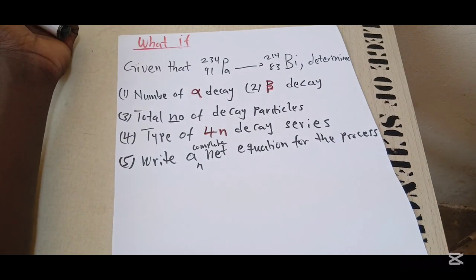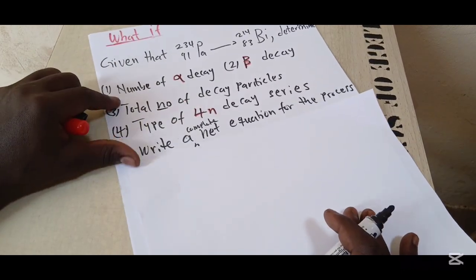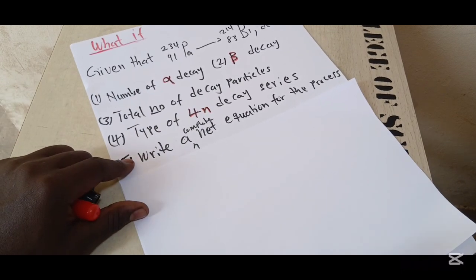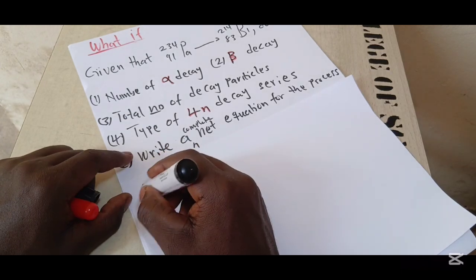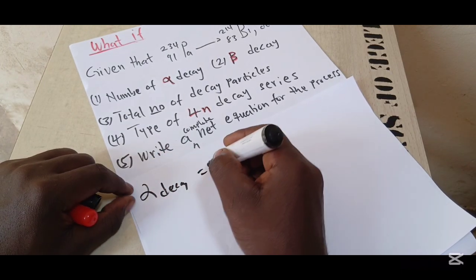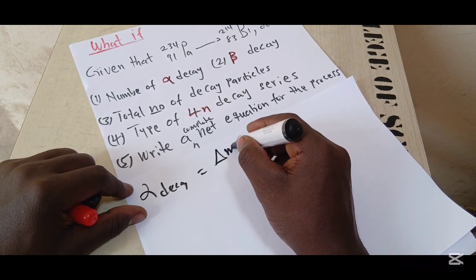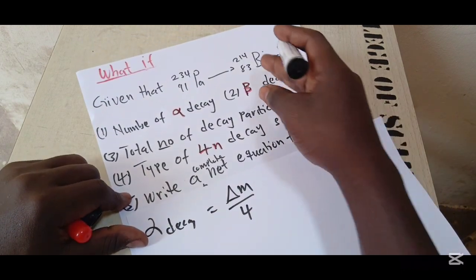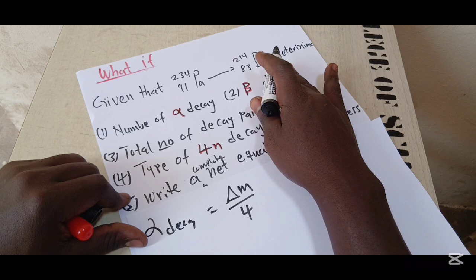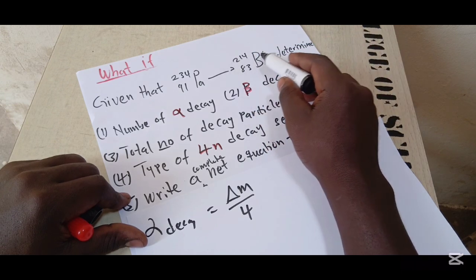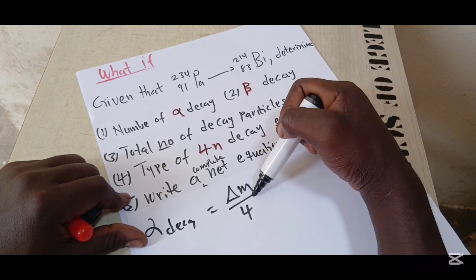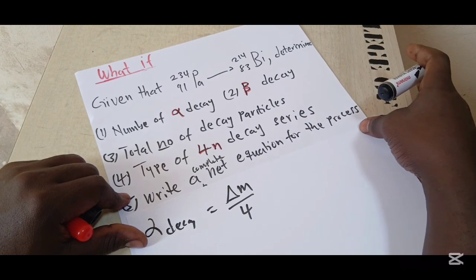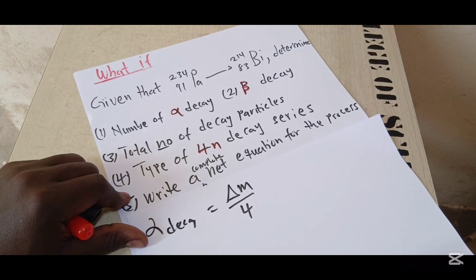Let's continue. To calculate the number of alpha decays, we use this formula: the change in mass over 4. For the starting nuclide and the product, we look at the difference in their masses and divide it by 4. The value that we get is the total number of alpha particles involved in the decay process.